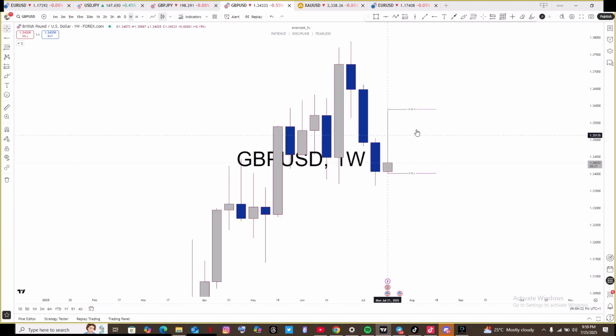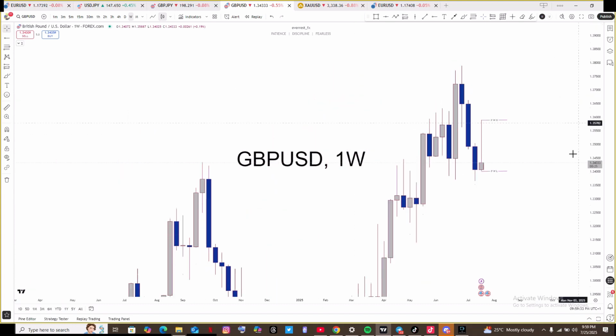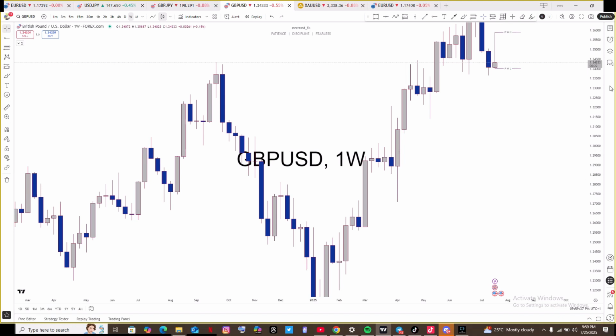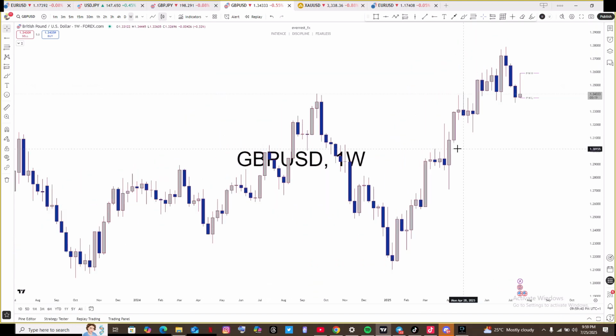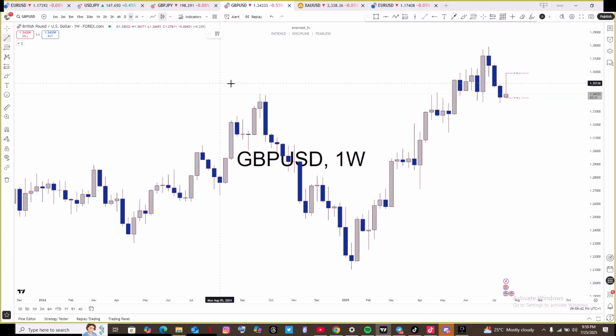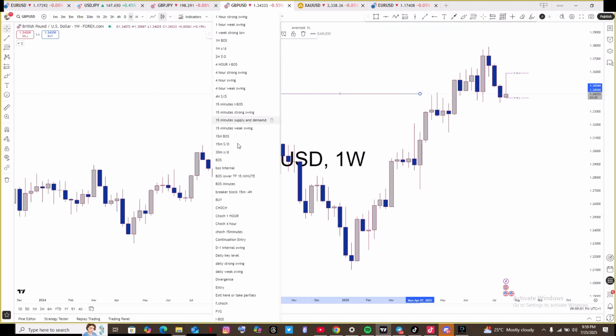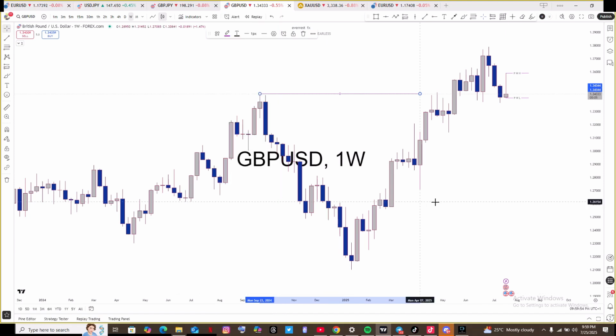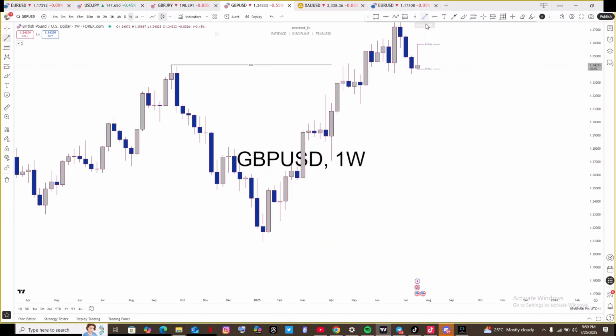And then now let's look at structure, and then we look at where price is reacting to. We had a major break of structure here on the weekly, making this low a weekly strong low.